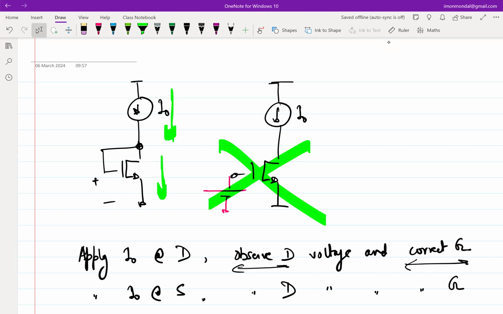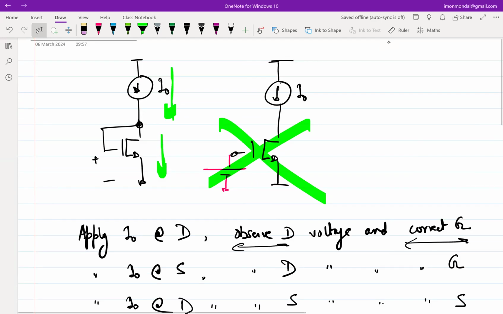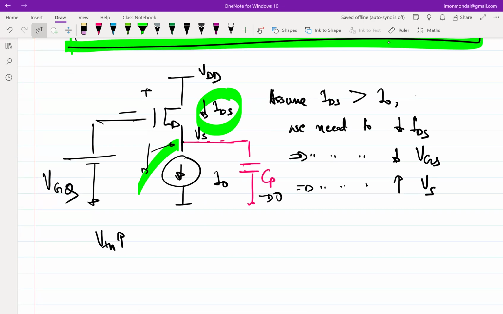In a standalone transistor, there is no dependence of the gate voltage on the drain voltage. But if you connect the current source to the source, there is a dependence because the current is dependent on VGS.